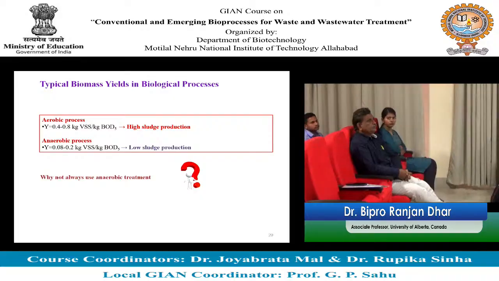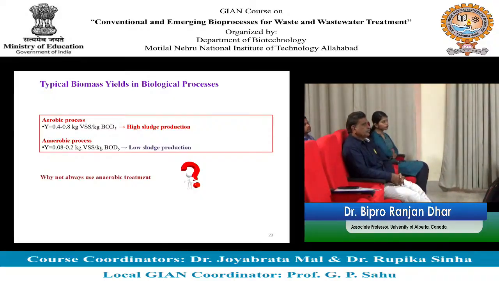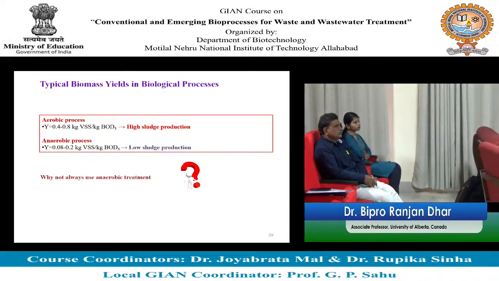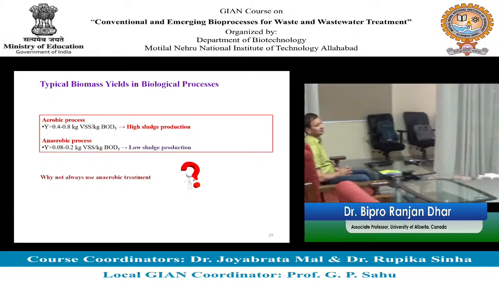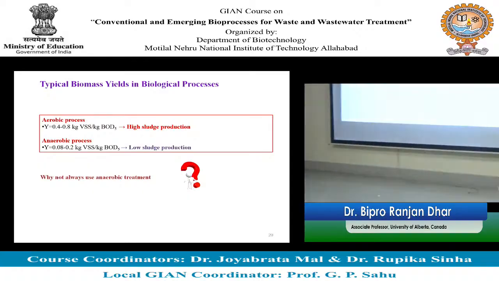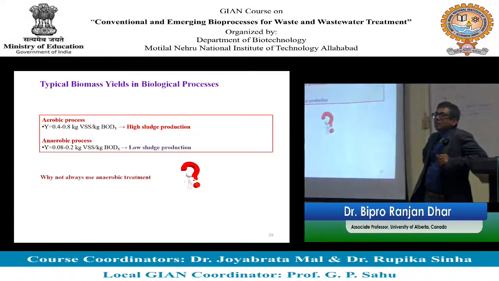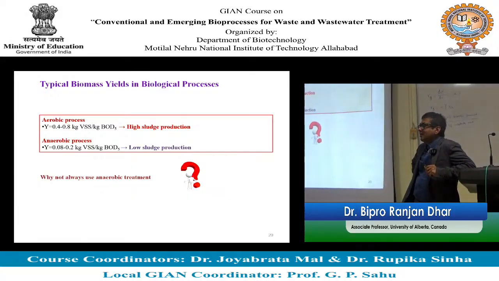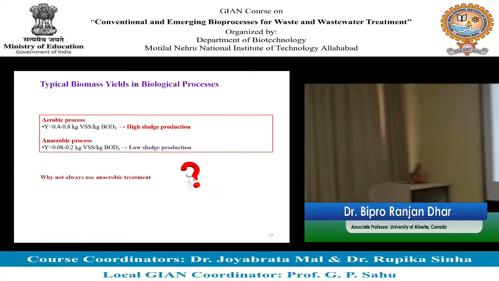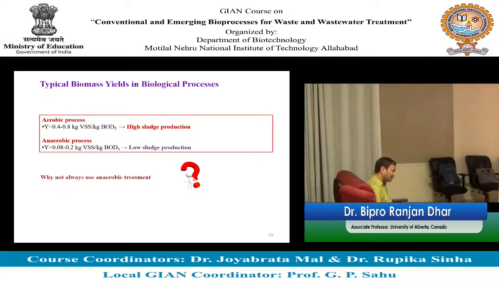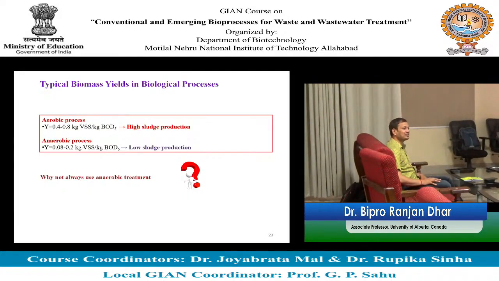So now the question is, sludge management is a problem for industry, so why not use anaerobic treatment for wastewater? One of the major problems of UASB is immediate oxygen demand.